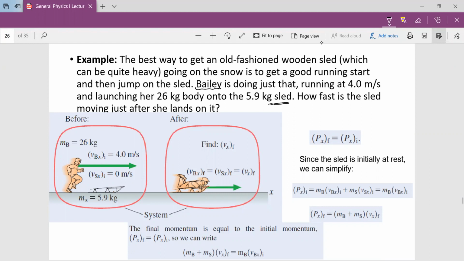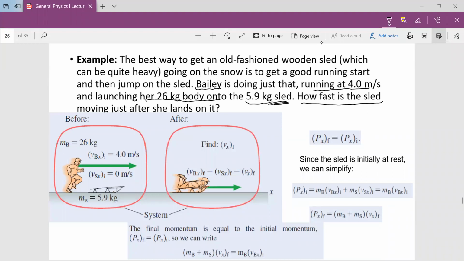So Billy did this and started running at 4 meters per second and launched her body weight on the sled. And then the question is, how fast is the sled moving after she landed on it?